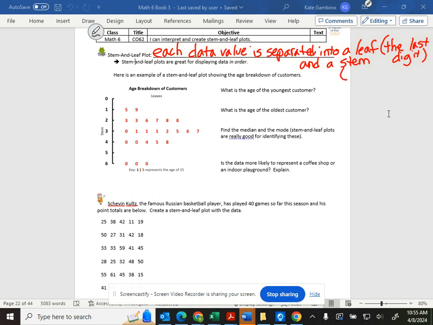And the stems are the remaining digits. So I'm going to show us what that means.